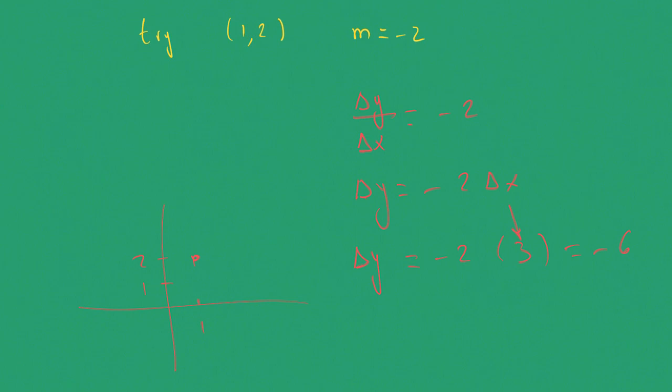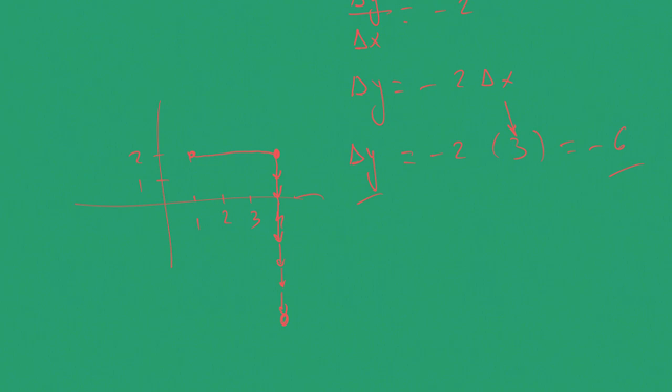And if you do a step of 3 meters, 1, 2, 3, you do a step of 3 meters, you are here, and delta y will be minus 6. Minus 1, minus 2, minus 3, minus 4, minus 5, minus 6. You start here.